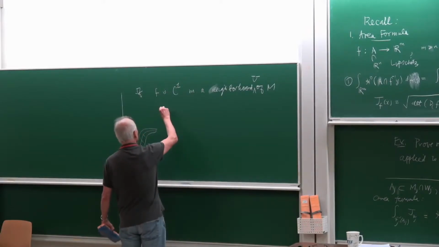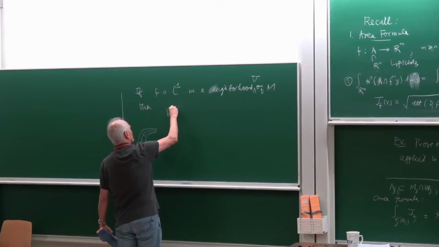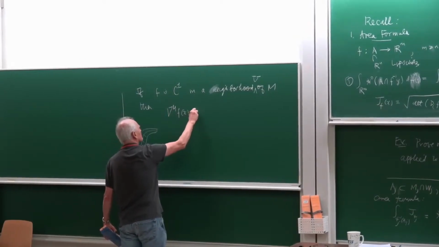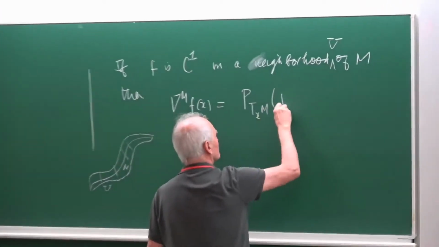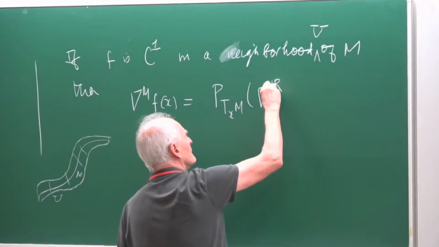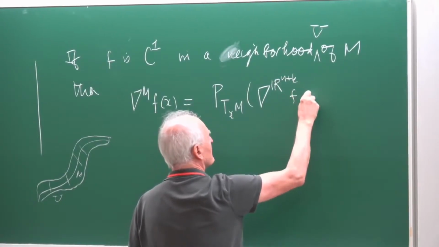So then you get this formula that grad_M f at x is the orthogonal projection into the tangent space of the full gradient in R^(n+k) of f at x.